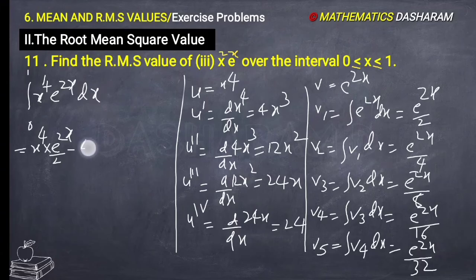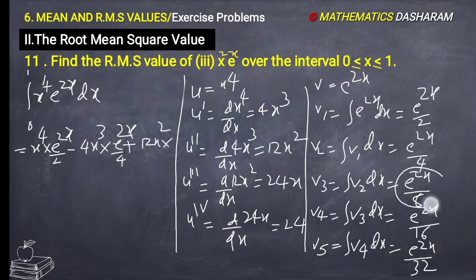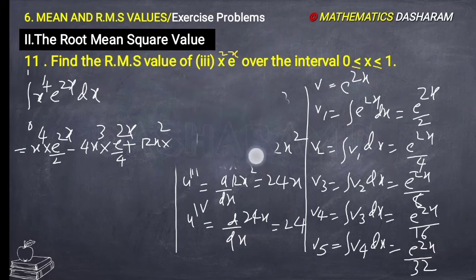U dash is 4x cube, into v2, e power 2x divided by 4, plus u double dash, that is 12x square, into v3, e power 2x divided by 8.